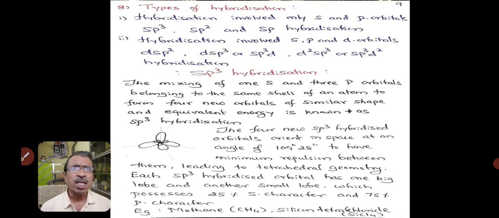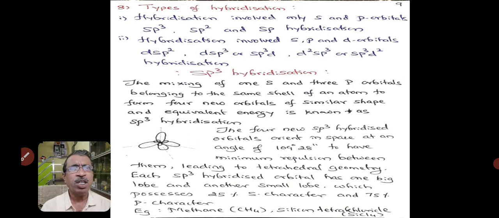Based on this, let us study the types of hybridization. If hybridization is formed by mixing of s and p orbitals, it leads to sp3 hybridization, sp2 hybridization, and sp hybridization.